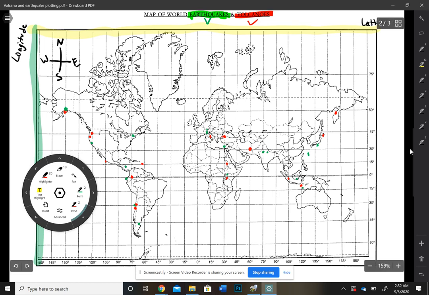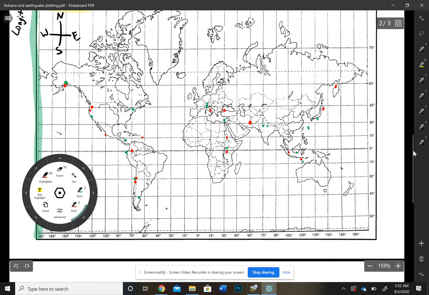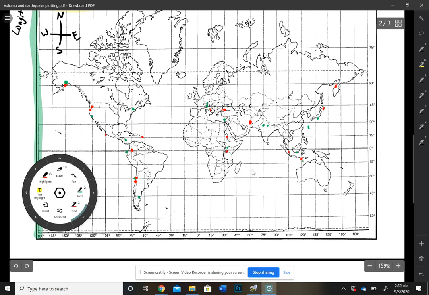So we've talked about our different forms of movement with plates. We also talked about in our graham cracker lab what the San Andreas fault line is and what the Rocky Mountains are.